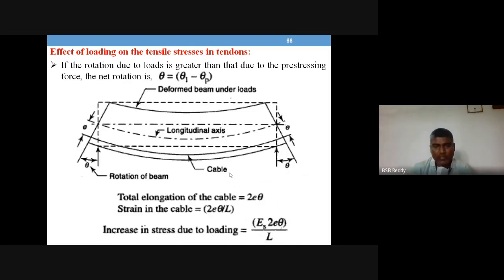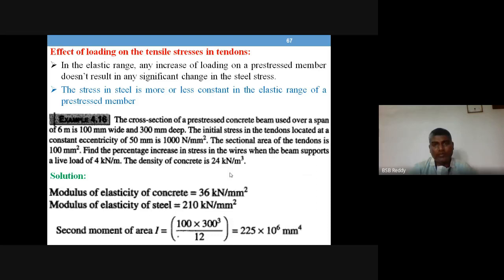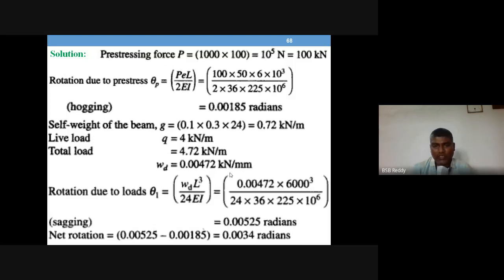So the net deformation of the member is going to have the additional strain in the tendon that will create the additional stress in tendons.